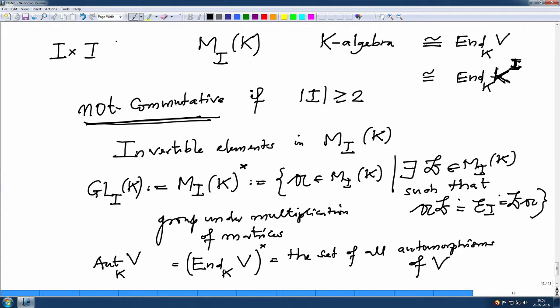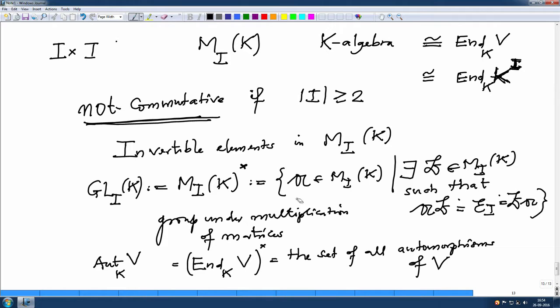Another thing I want to make a comment for the future. A definition of GL_I(K) is all those matrices which are invertible. That means there is a matrix B, so that AB equals the identity matrix, which is also BA. Now, it is not very easy to check for a matrix to be invertible from this definition, because we have to find a matrix B and multiply both sides and then check both sides are identity. This is a lot of checking.